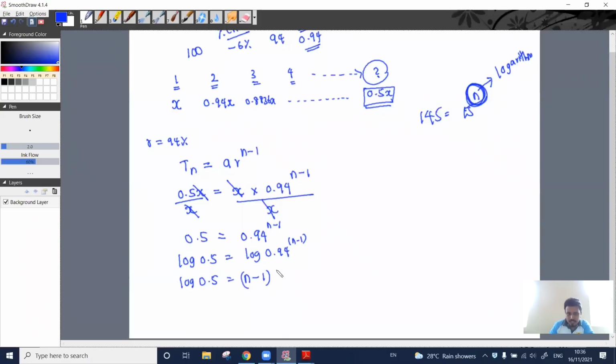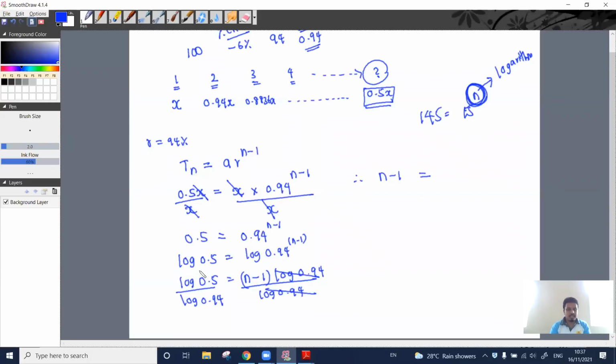N minus 1 into log of 0.94. Now divide both sides by log of 0.94. This one to this one we can cancel. Therefore, n minus 1 equals to what?